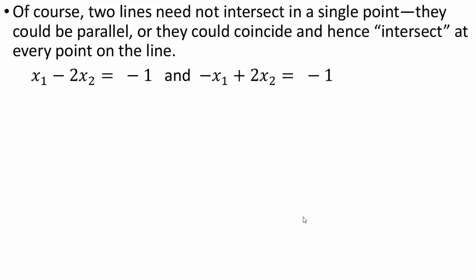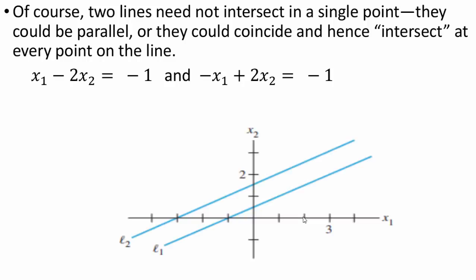For example, x1 minus 2x2 equal to minus 1 and minus x1 plus 2x2 equal to minus 1. If you draw the graph of these lines, we will get these lines. These lines are parallel and hence they never intersect each other, and hence it has no solution.